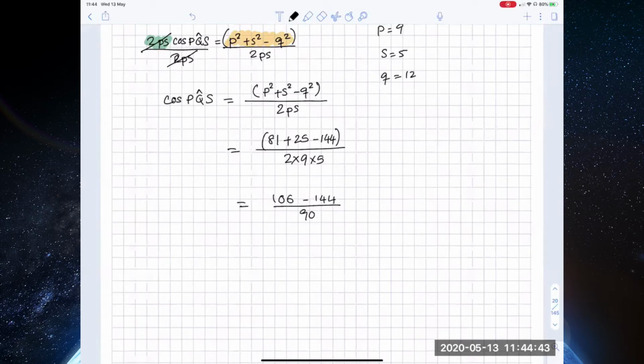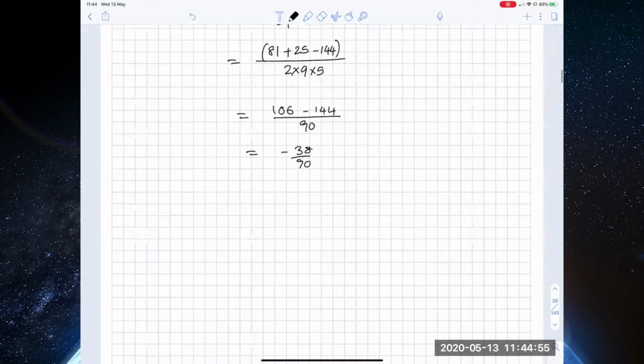What's 106 minus 144? Minus 38. Minus 38 divided by 90. Okay, and we can simplify that to minus 19 over 45.